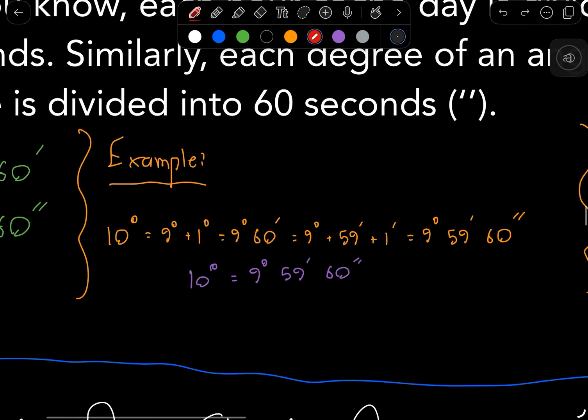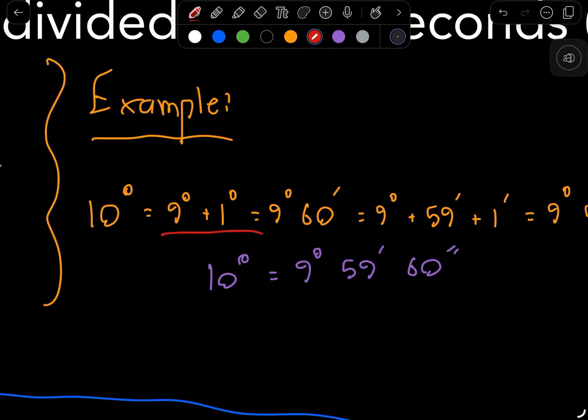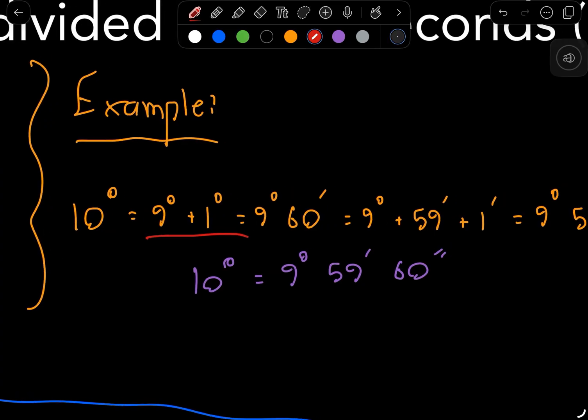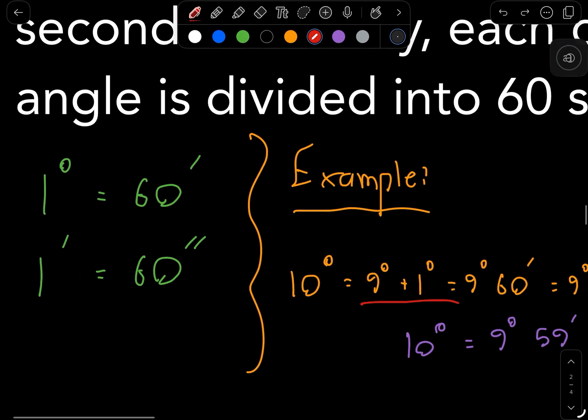So let's try an example problem. If you look at this, you're given 10 degrees. How do you convert that to a more specific form? Well, you know that 10 degrees is a sum of 9 plus 1. And we also learned that 1 degree is equal to 60 minutes.